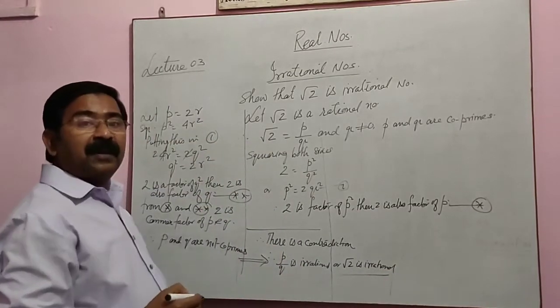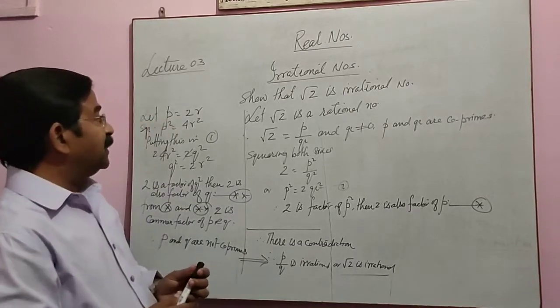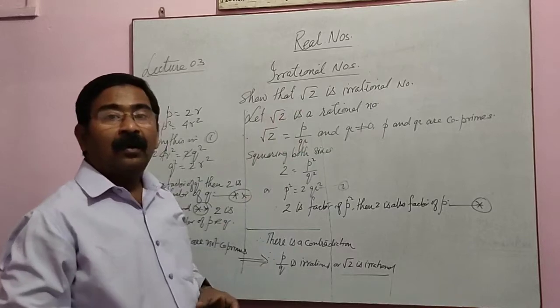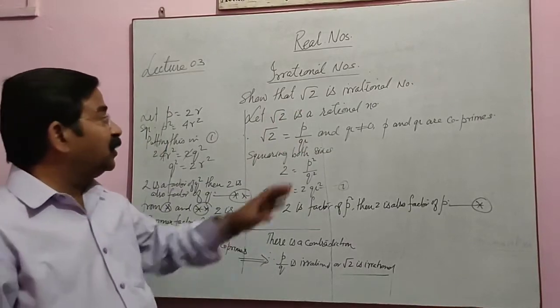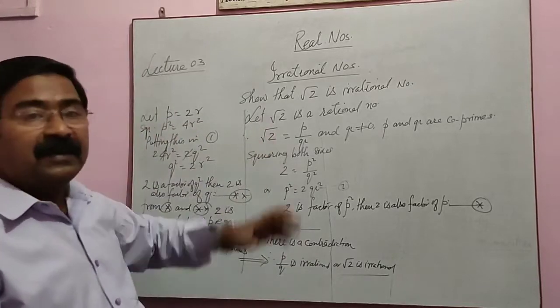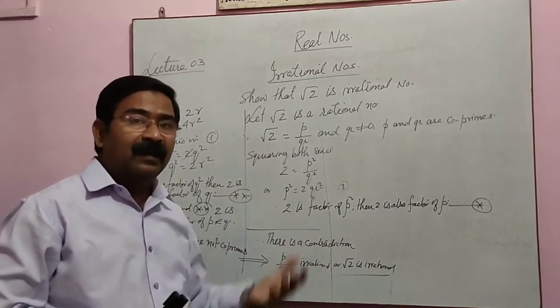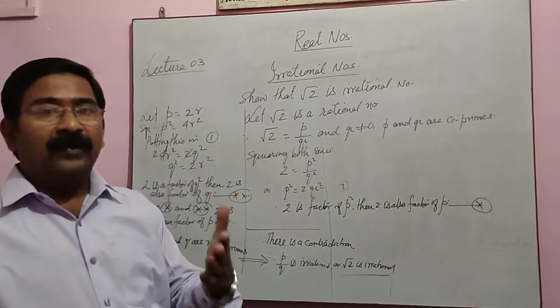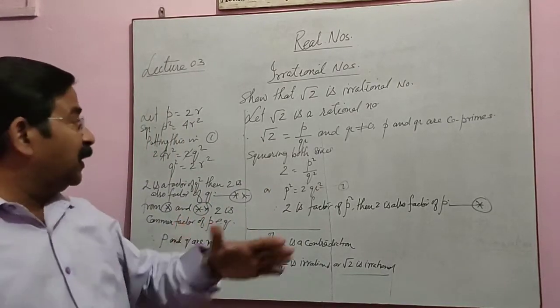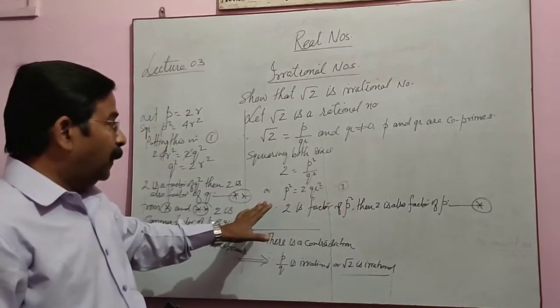Got it? This is how we prove that under root 2 is irrational number, or you can be given under root 3 is irrational number, or you can prove under root 5 is irrational number, or under root 7, or under root 11. Means root of any prime number you can find using this statement only.